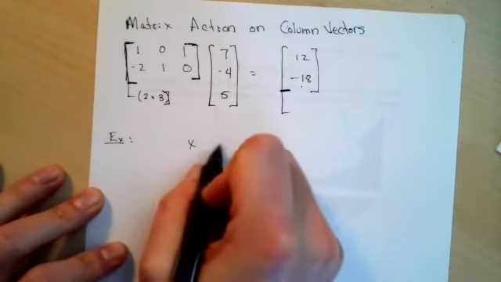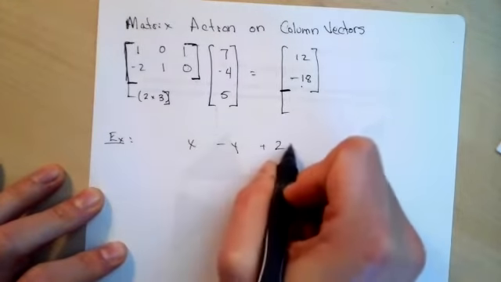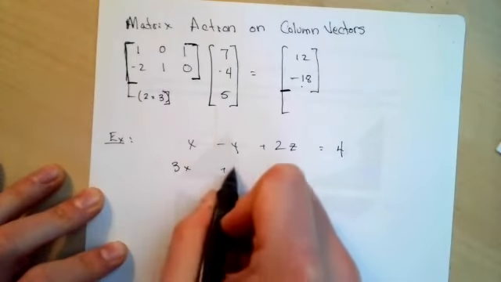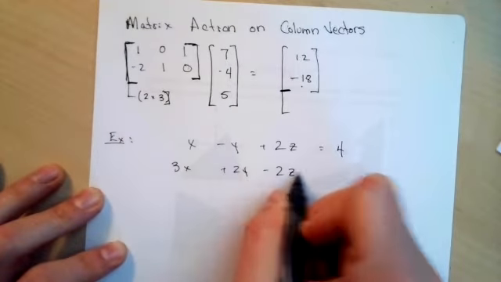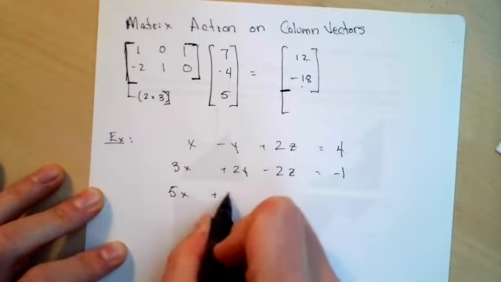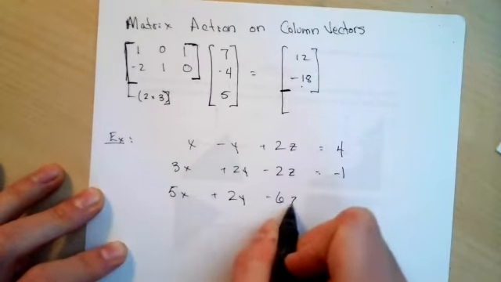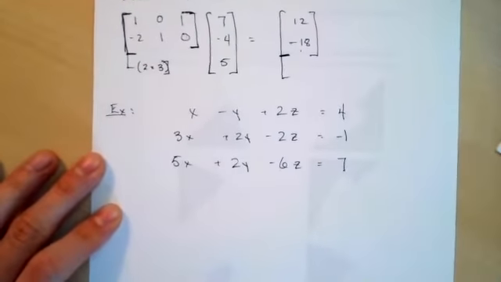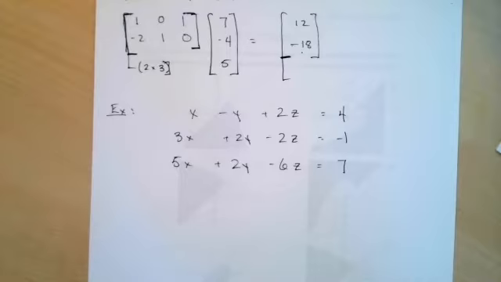If we have x minus y plus 2z equals 4, 3x plus 2y minus 2z equals negative 1, 5x plus 2y minus 6z equals 7. The technique we know at the moment is to represent this as an augmented matrix and then do row operations. We're going to start to get into some other techniques. And so how can we do that?